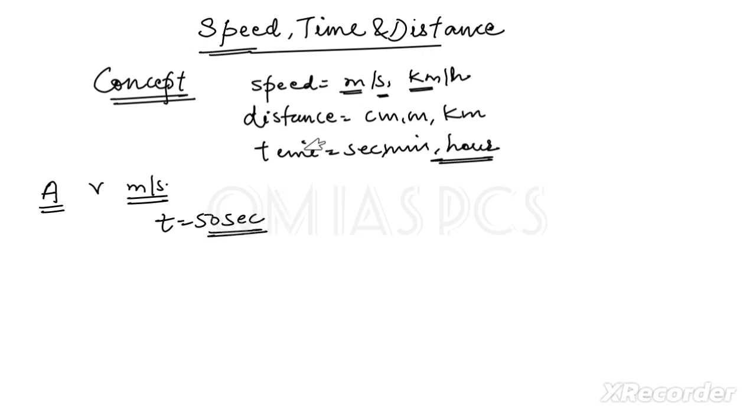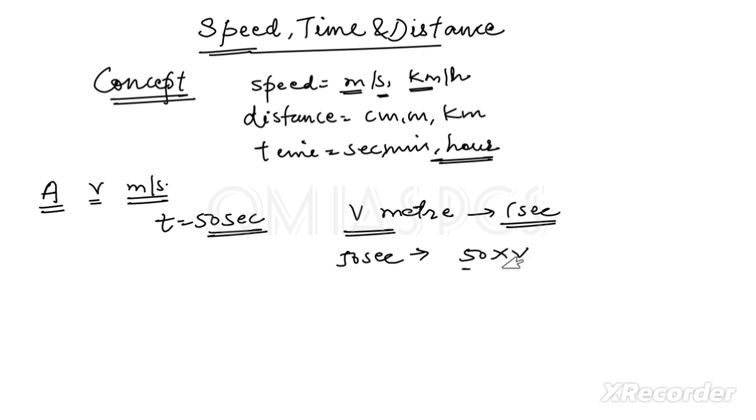So here is the condition: he is traveling v meter in 1 second. So if I ask how much distance that person will cover in 50 seconds, simply by the unitary method, it will be 50 multiplied by v meter.